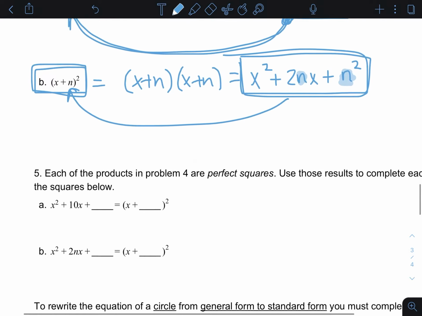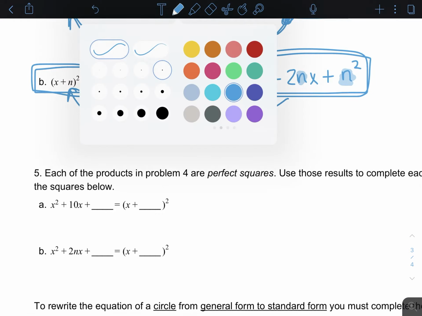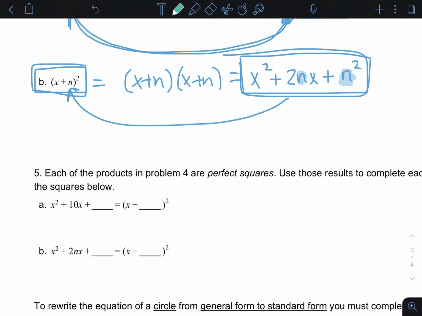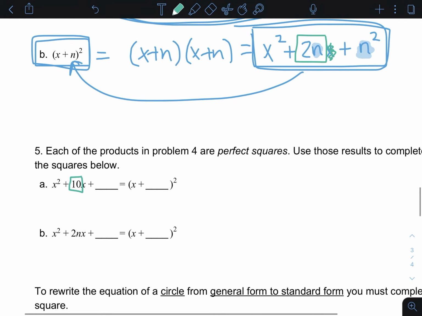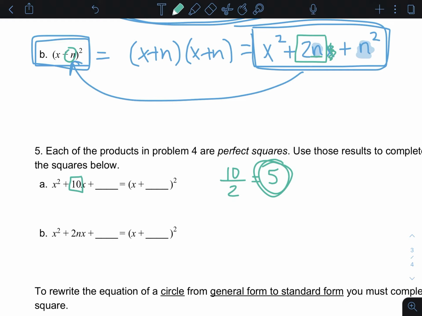If you notice, in this case, we always just ignore the x and think about what number you have there. In this case we have 10, and in order to figure out what n is, we just take that 10 and divide it by 2. That gives us 5. So 5 is the number that we're going to be working with as representative of that n.